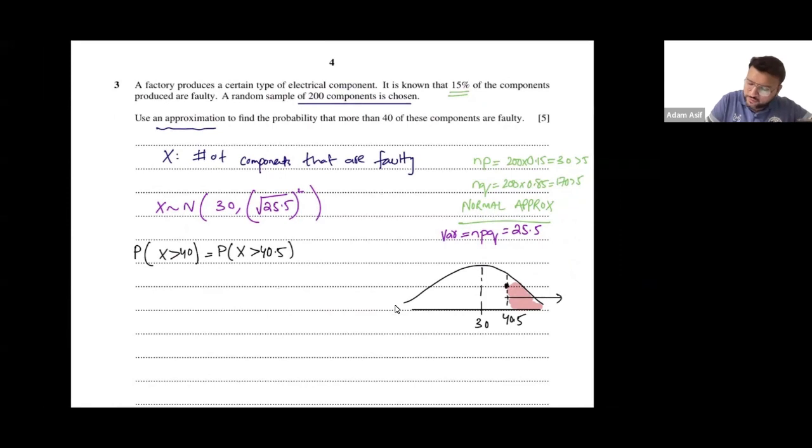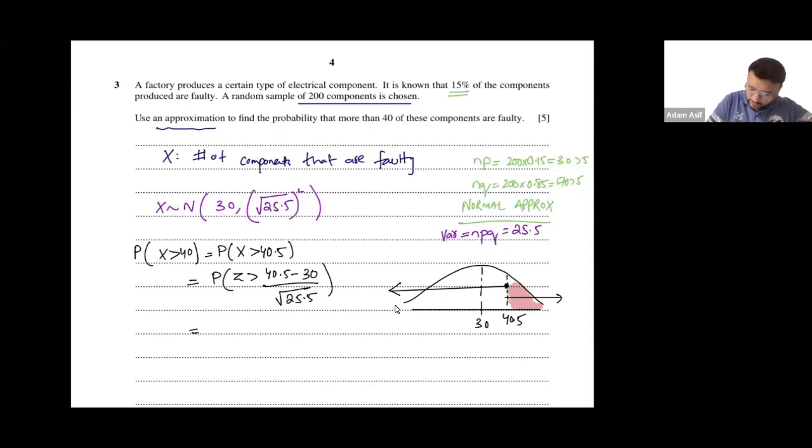So using the normal distribution table, I'll be able to find the body area. First, I need to convert this into the Z value. 40.5 minus 30 divided by sigma. 40.5 minus 30 divided by square root of 25.5.